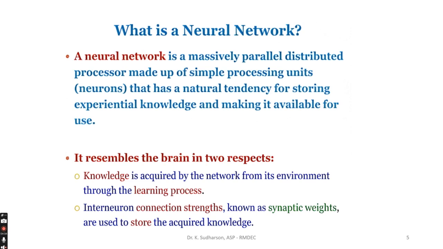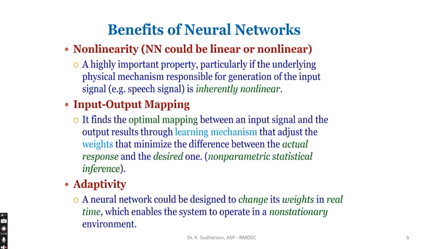The interneuron connection strength, known as synaptic weight, is used to store the acquired knowledge. Like in our human brain, we have plenty of cells interconnected with one another in order to store the information in our brain. Likewise, here also we have a lot of neurons to store the acquired knowledge.